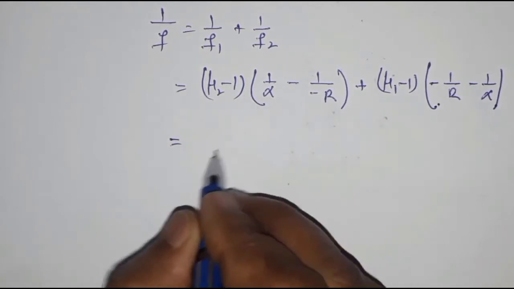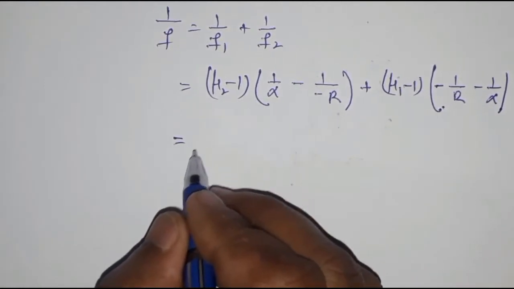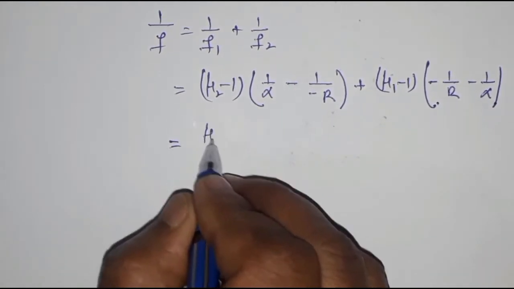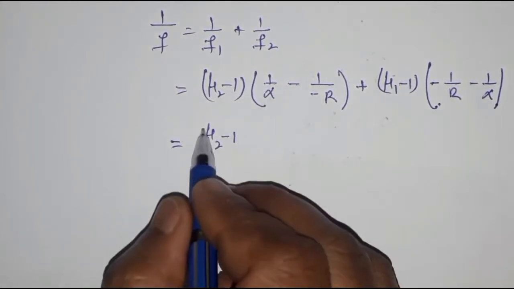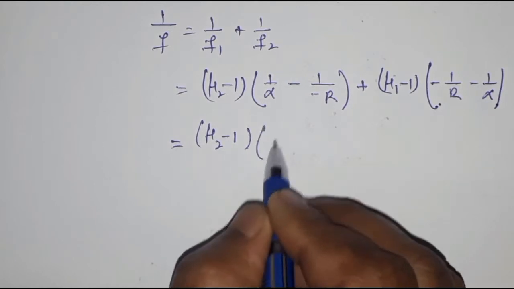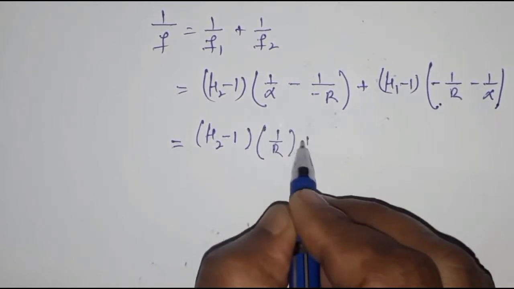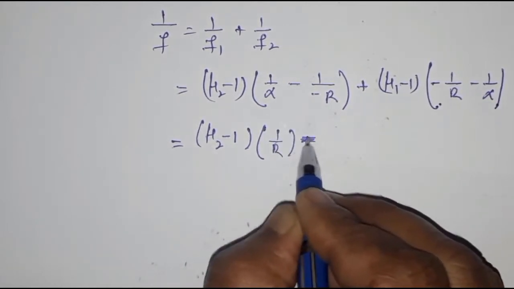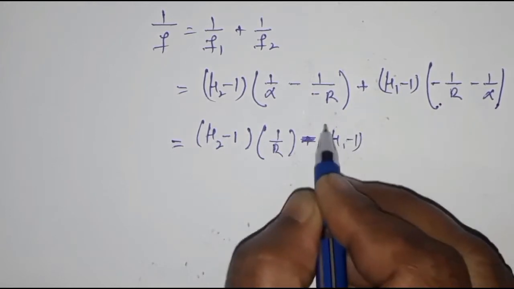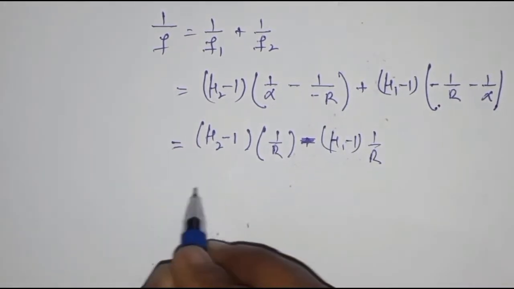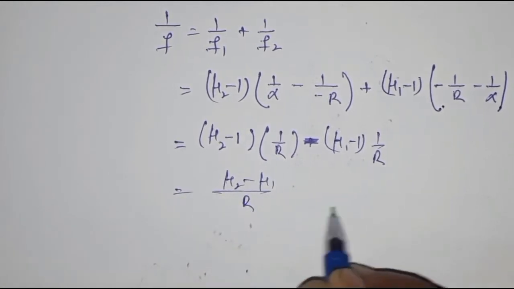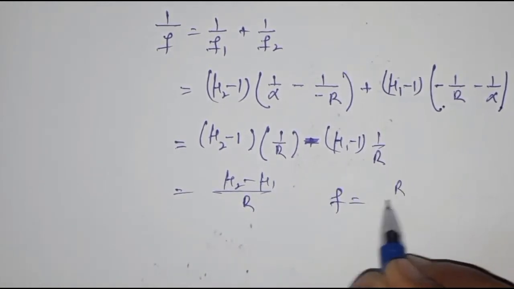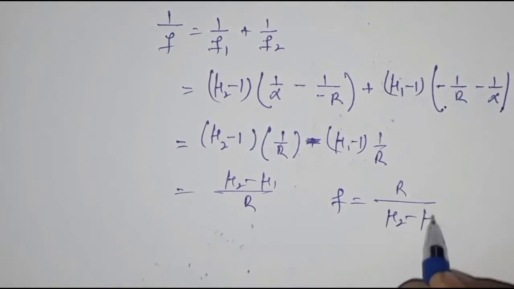So here you are getting mu2 minus 1 into 1 by r, minus mu1 minus 1 into 1 by r. So 1 by f is mu2 minus mu1 by r, so f is equal to r upon mu2 minus mu1.